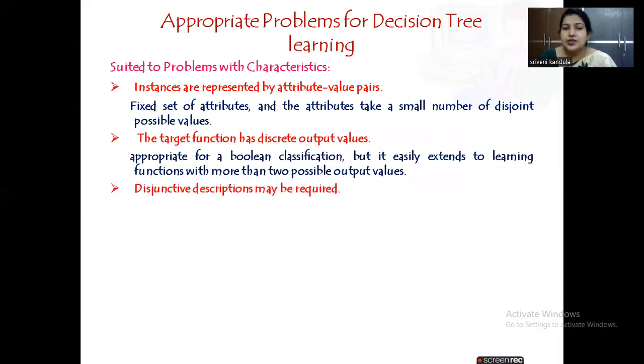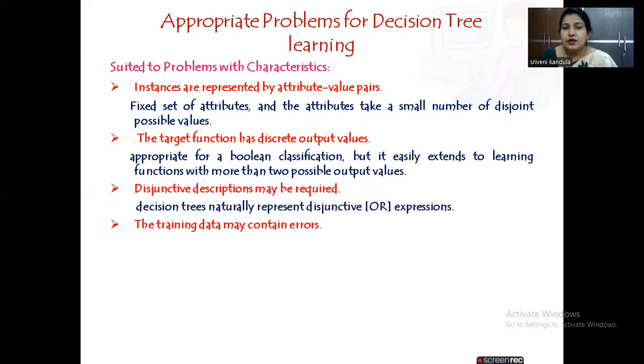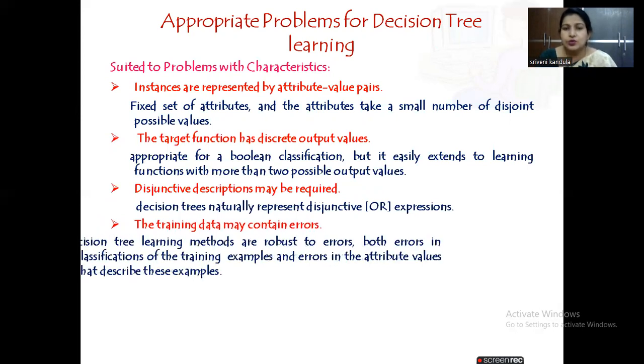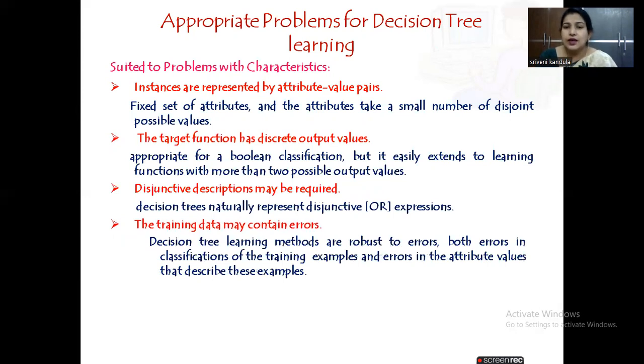Then disjunctive descriptions may be required. That means the final outcome of the decision tree can be expressed as a disjunction. Then the training data might contain errors. The decision tree is robust to noise, so it allows errors. Though it has some errors, it works correctly. And these errors can be either errors in the training examples that we are taking or in the attribute values of these examples.